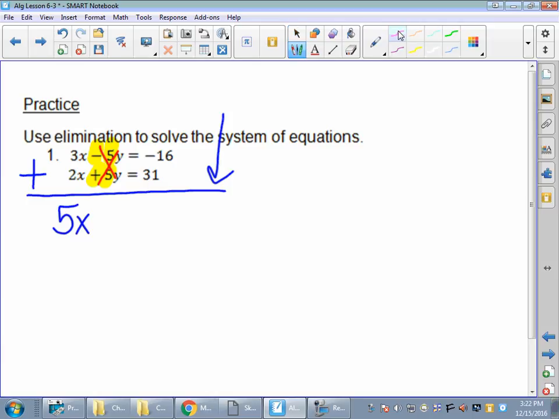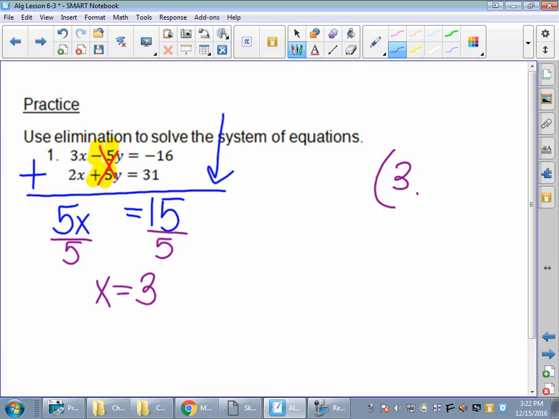I'm going to bring my equal sign straight down and I'm going to add -16 plus 31. That's 15. Now we've got a pretty easy equation to solve to finish this problem. If I gave the equation 5x equals 15, everybody would know to divide by 5, right? So x must be equal to 3.